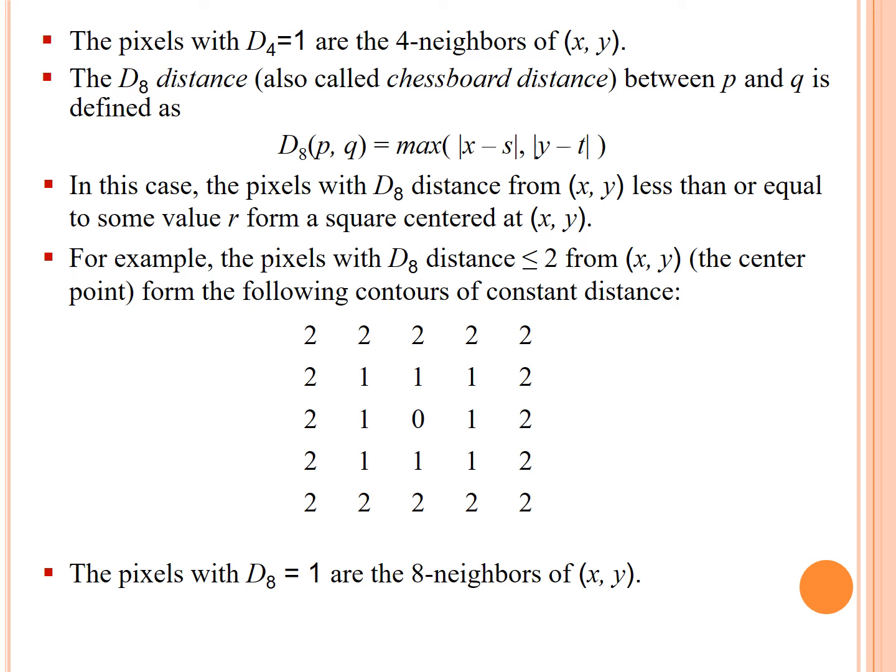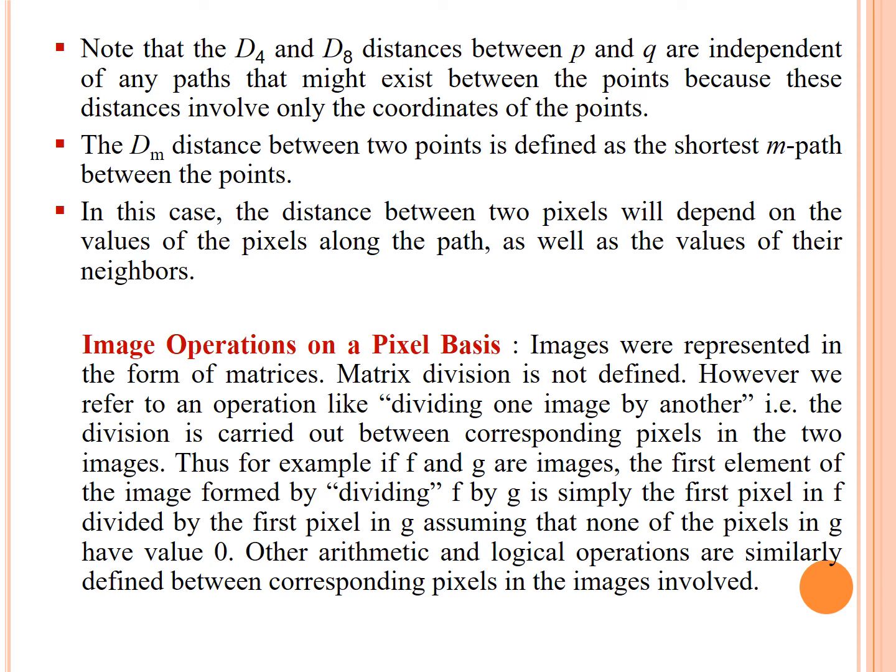For example, the pixels with D8 distance less than or equal to 2 from (x, y), the center point, form the following contours of constant distance. The pixels with D8 equal to 1 are the 8 neighbors of (x, y). The D4 and D8 distances between P and Q are independent of any paths that might exist between the points because these distances involve only the coordinates of the points.